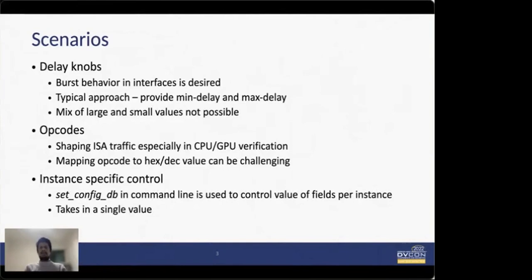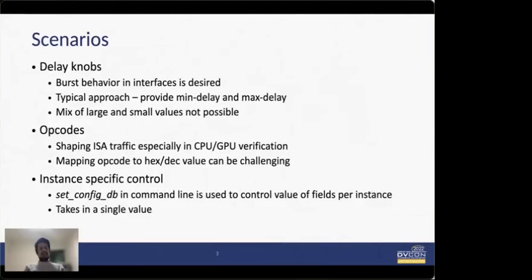All of these opcodes are also in hex values, and if you use the default UVM command line processor, you have to pass in hex values, which is clunky because you need to map every opcode to its equivalent hex value and then provide it in the command. It can get a bit challenging. It's not impossible, and we all have done it.